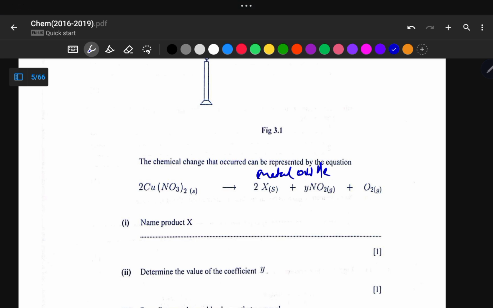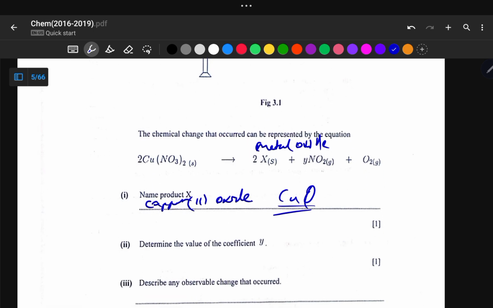And then name the product X. So product X, we've got copper 2 oxide, right? So we've got copper 2 oxide with the formula CuO. This is the formula for copper 2 oxide, right? And then we are required to determine the value of coefficient Y. So we can find this value by simply balancing the equation.